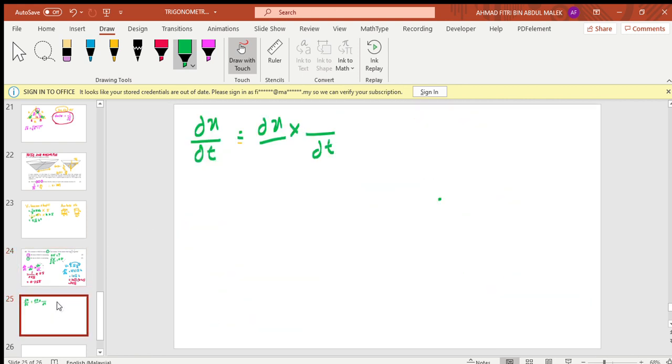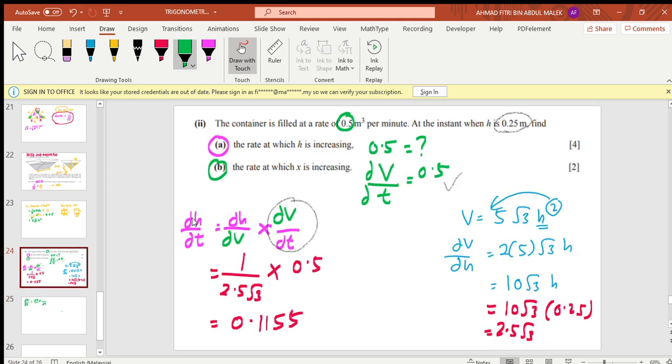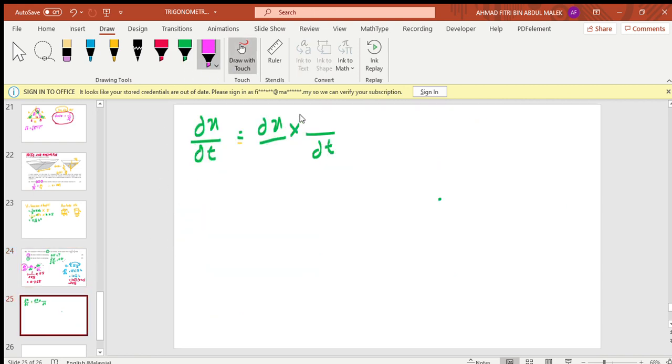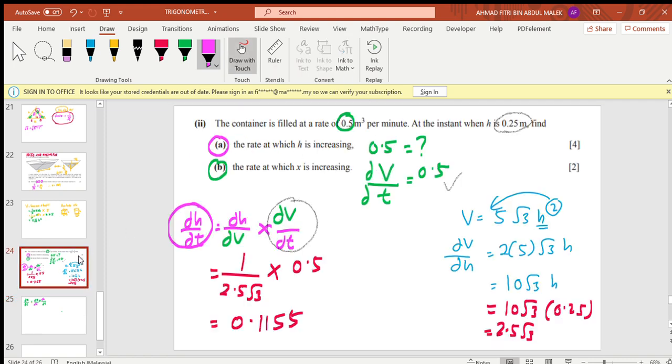The most simple thing is to look at the question: we already found dh over dt. So if possible, we put dh over dt there. Why do I put dh over dt? Because we already found it in part A.